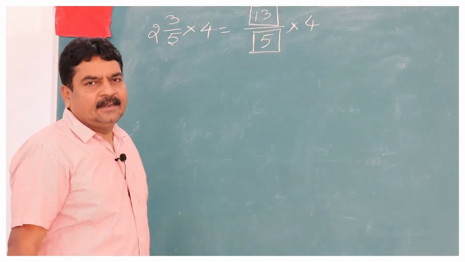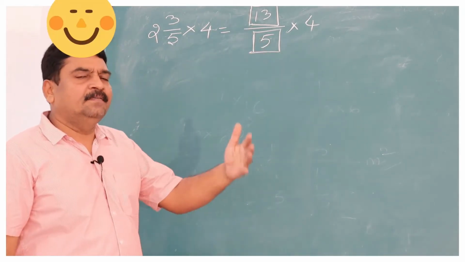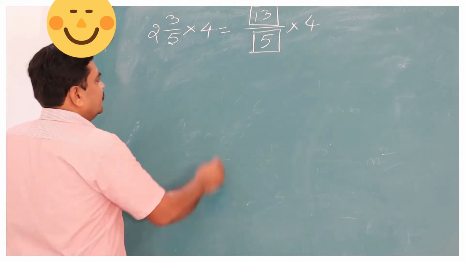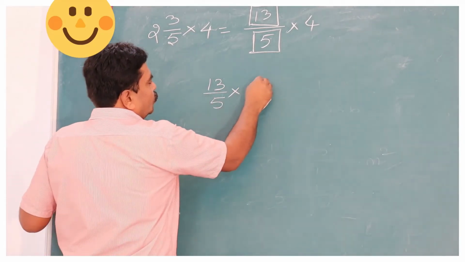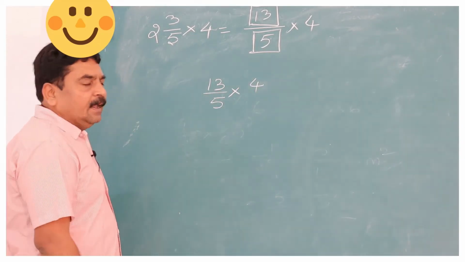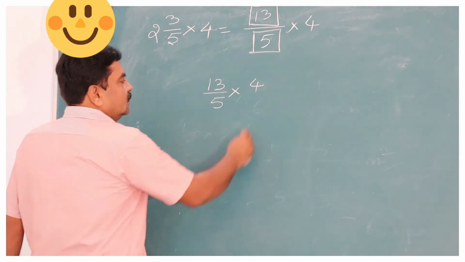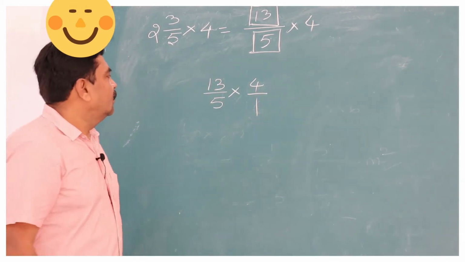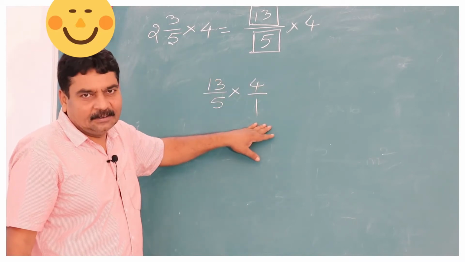Are you going to get any common factors between 13 and 5? No, because 5 goes only in 5 and 13 goes only in 13. In such a case, what are you going to do? 13 by 5 into 4 is there. When you don't have anything as a denominator, you always think of it as 1, and better you keep it 1. Now you have converted a whole number into a fraction.